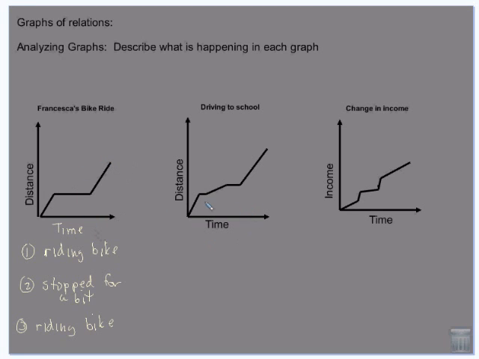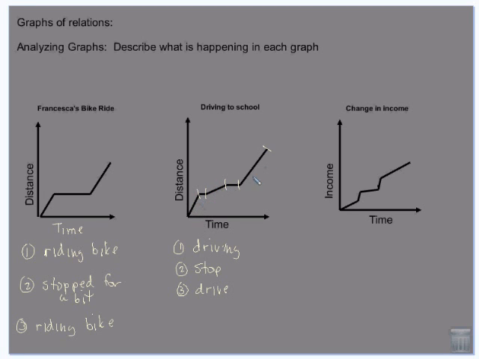Okay. In this graph, we have 1, 2, 3, 4, 5 sections. See that? Like 5 different areas where things are happening. So we start out, we're driving, and then we go flat again, so we stop. Yeah, maybe it's a red light. And then we drive. And you know how this one's a little flatter than these?